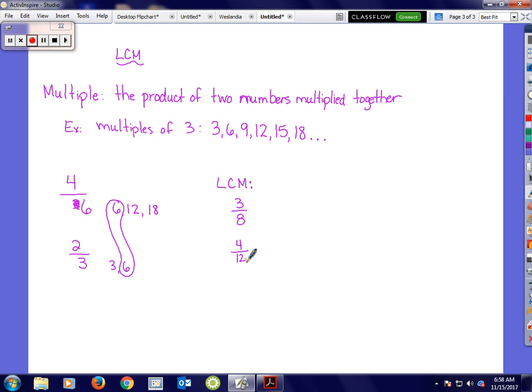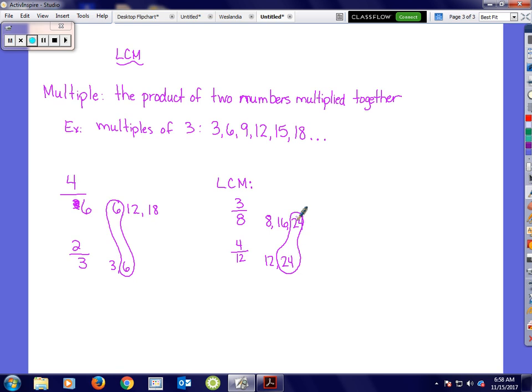Okay, let's try this. So I have 8 times 1 is 8. 8 times 2 is 16. 8 times 3 is 24. Okay, remember I only do the first 3. 12 times 1 is 12. 12 times 2 is 24. Oh, right there, I have my least common multiple, 24, so I'm going to stop.